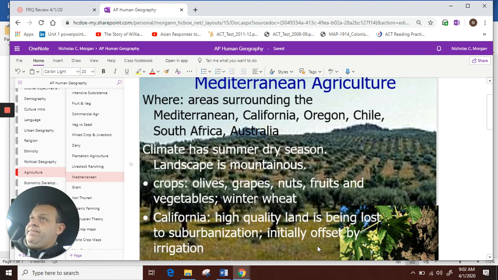Wine production. Think about what countries are known for their wine production, or what areas of countries. France, Italy, California. Why? Wine is made mostly from grapes. It makes sense to produce the wine where you are producing and growing the grapes.